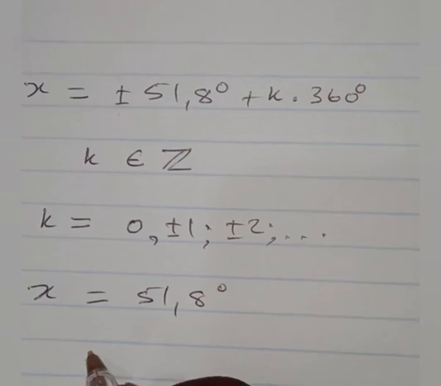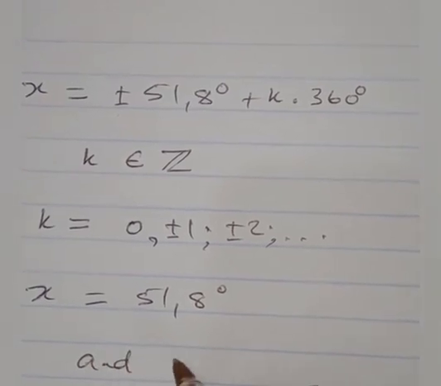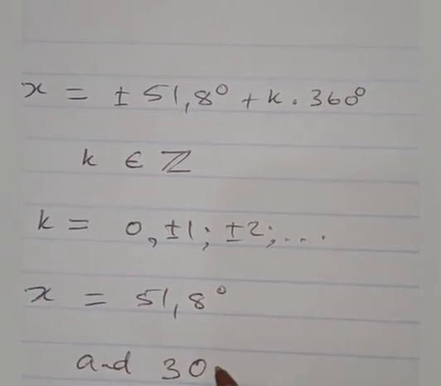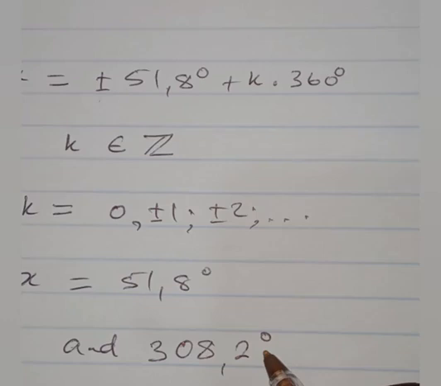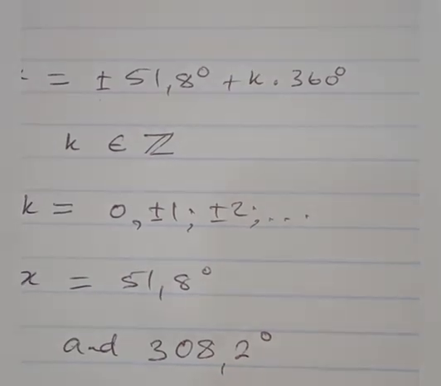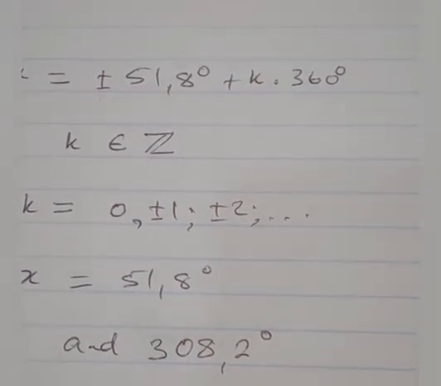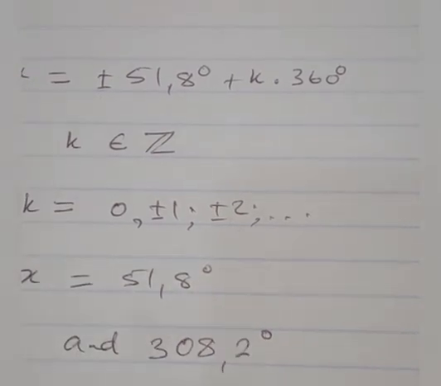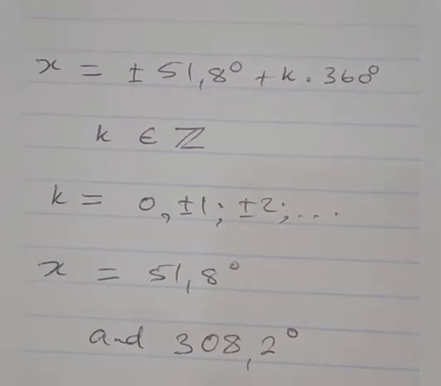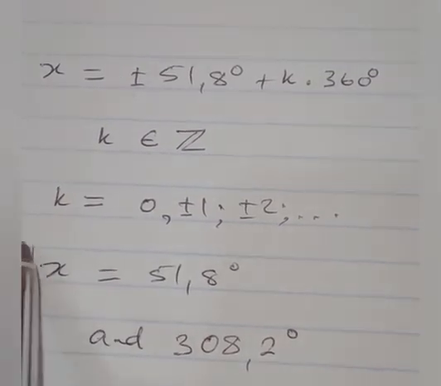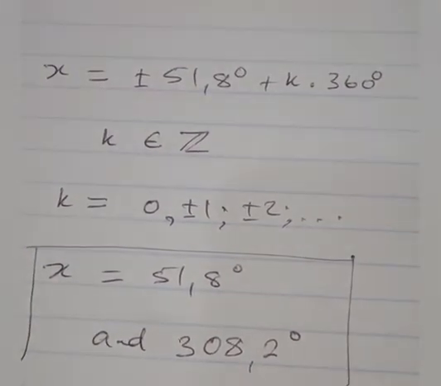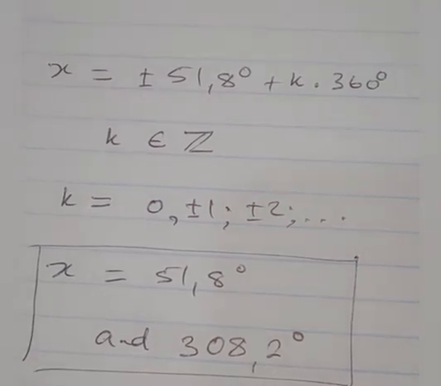That's going to give us 308.2 degrees. The rest of the values of x that we're going to get for these integers are not in the given range. So we conclude that these are the values of x for that equation.